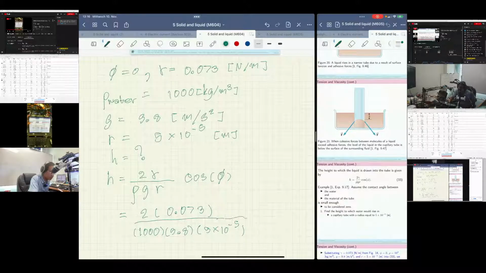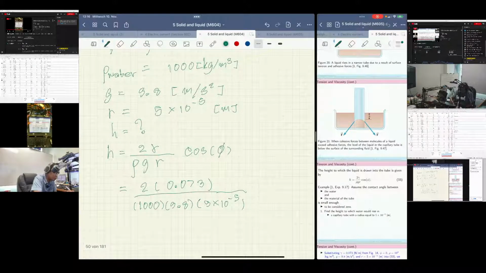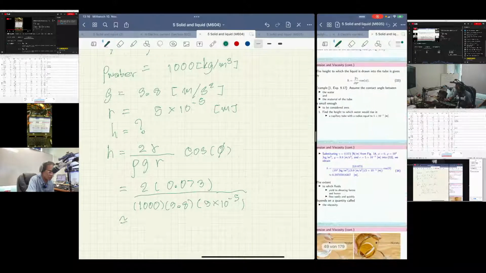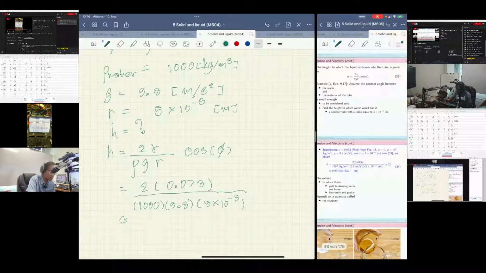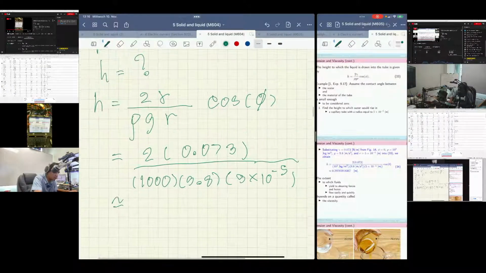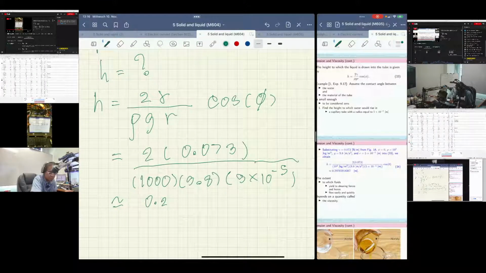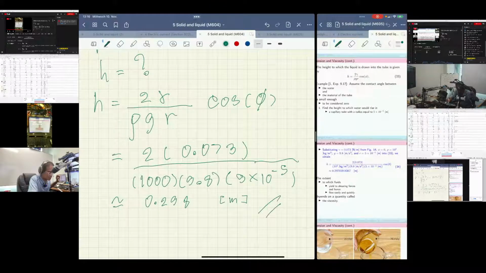All right, that's the thing we have to compute. If you put it into the calculator, you would get 0.298, and the unit for the height is meter, right? And that's it for this problem.